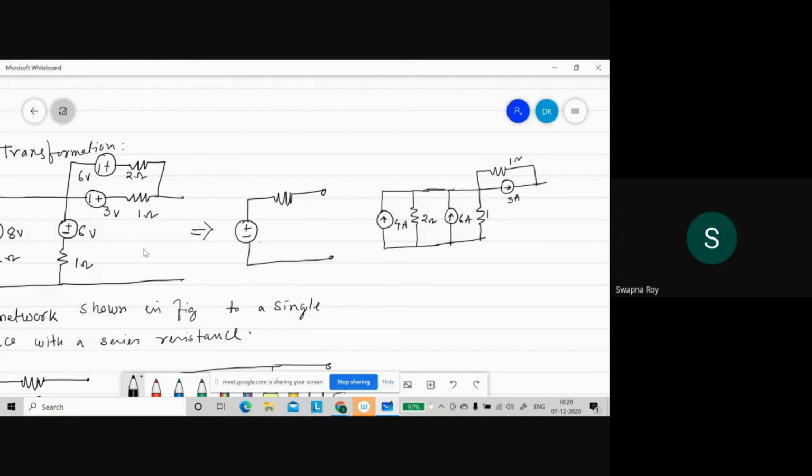And this is 6 volt 2 ohms. If I convert it to an equivalent current source, again it will be 3 ampere, and this is 2 ohms.